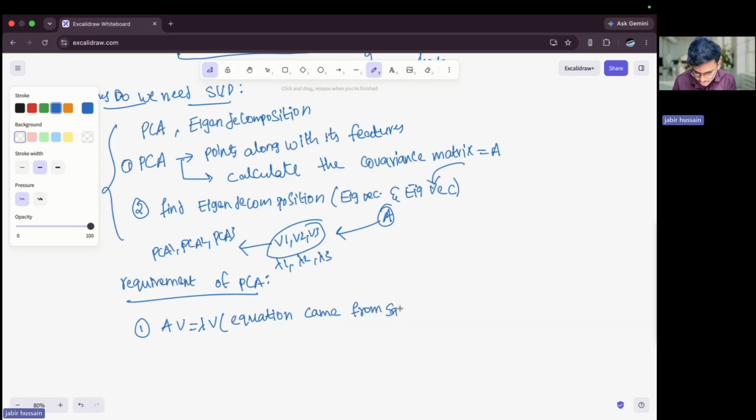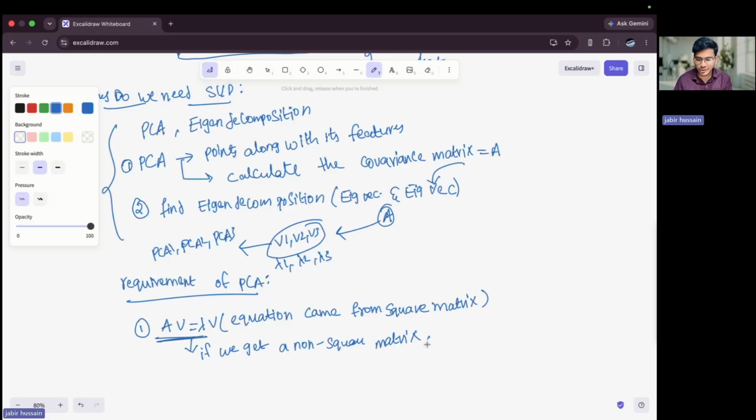From a square matrix. So my question is, what happens if we get a non-square matrix? If we get a non-square matrix, will this definition hold?